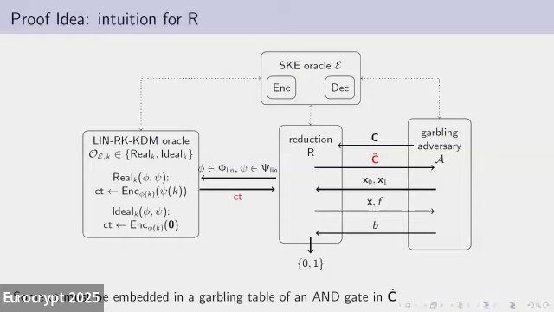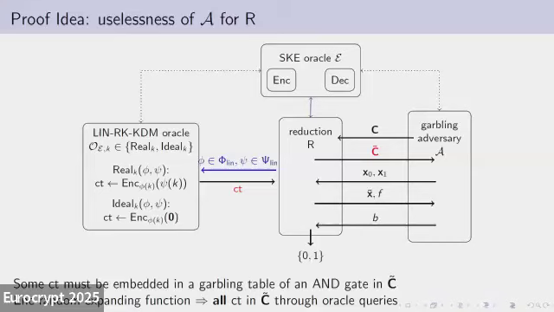So it's actually hard to even find a ciphertext without having queried the oracles. And this means in order for this adversary not to reject this circuit and output always 0, the reduction has to embed only ciphertexts within C tilde that it derived through oracle queries.